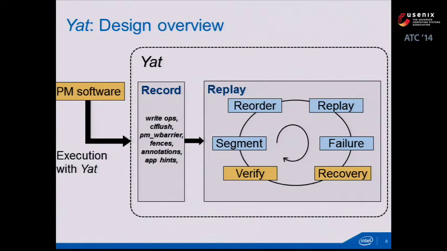The reorder step takes this segment and generates a set of combinations. These combinations are nothing but all the subsets of all the operations in the segment and all the permutations of these subsets of operations. So it's exponential. Then the output from the reorder step is a combination, and that is fed to the replay along with the initial base PM state.